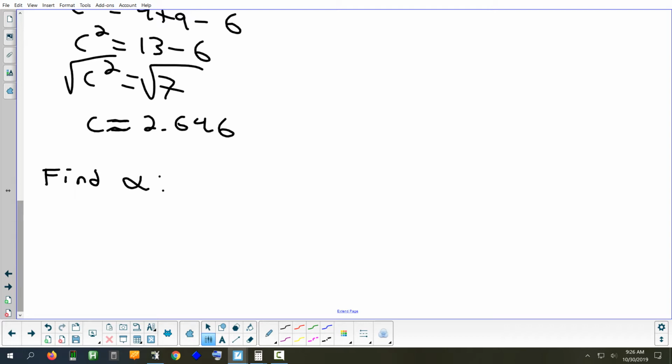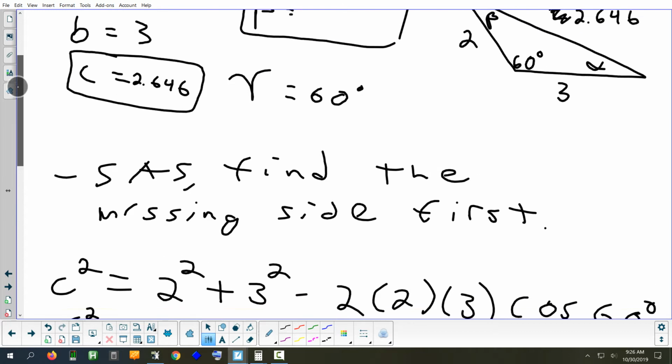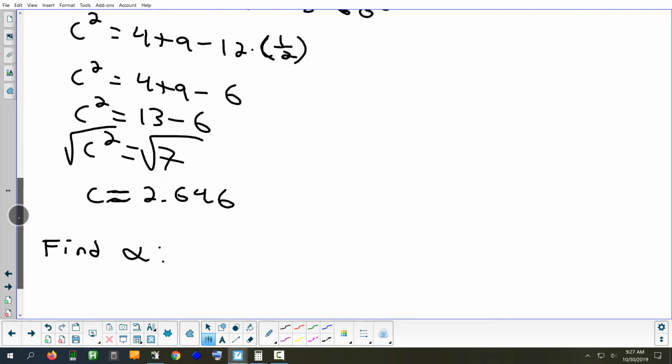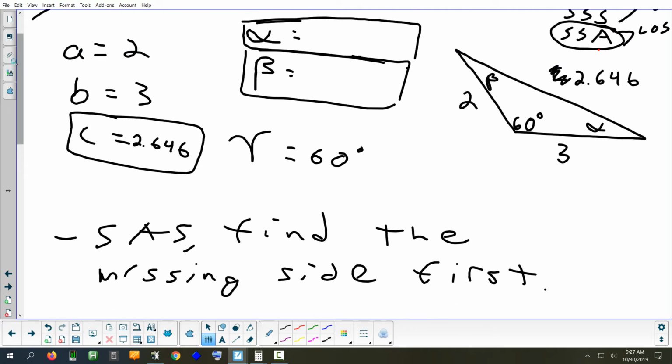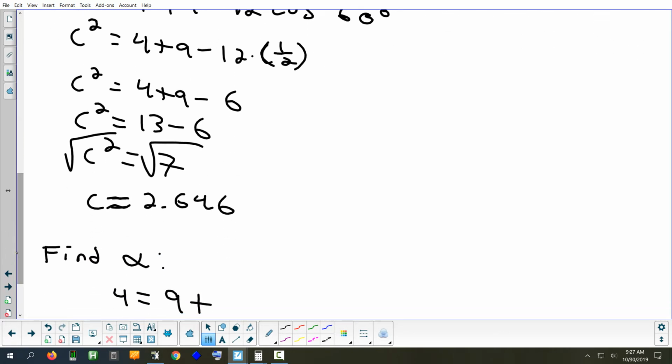So alpha starts out: a squared equals b squared plus c squared. I'm going to do a couple of these steps as I go this time. a squared is 4, equals b squared is 9, plus c squared. Now, I could take 2.646 and square it, but I don't need to do that.